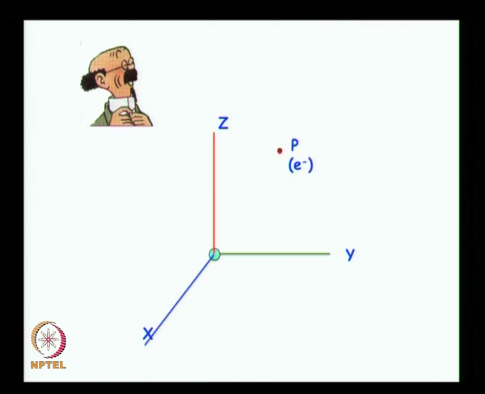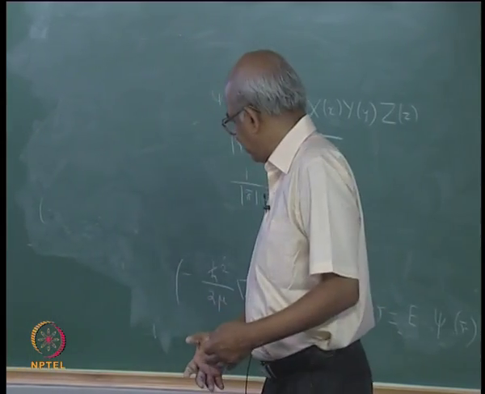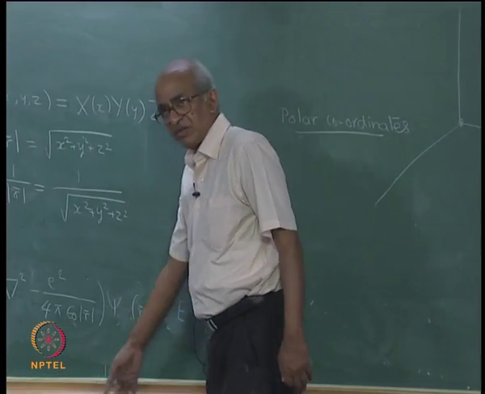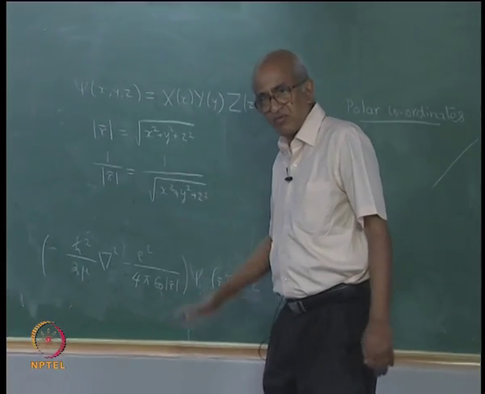So, how do I define polar coordinates? Well, before I define them, let me just remind you what is meant by Cartesian coordinates. Imagine that the nucleus is at the origin, and the electron has the coordinates x, y, and z. It is convenient to make use of a coordinate system here. Imagine there is a line which joins this wall to the floor.